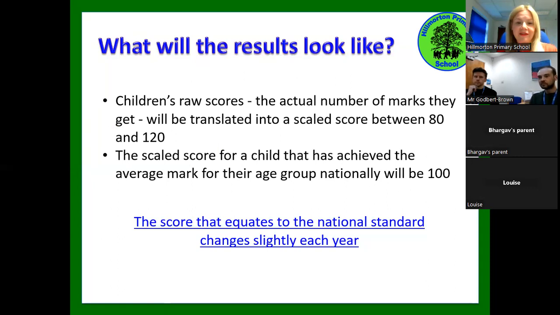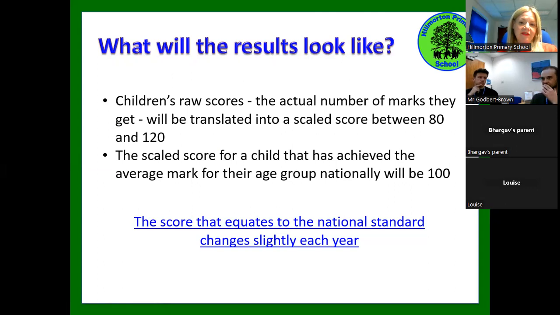So the results are presented to you in a couple of different ways. As we've said, each test is out of a particular number of marks. So for example, the reading test is out of 50 marks. When you get the results back, you will find out your child's raw score, so the actual number of marks they got. So for example, if they got 26 out of 50 or 28 out of 50.